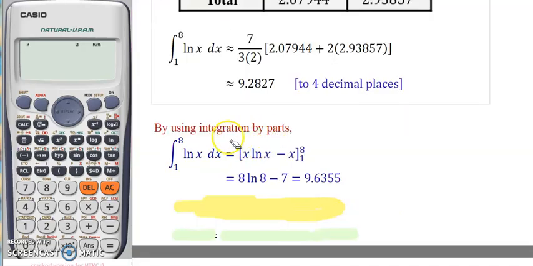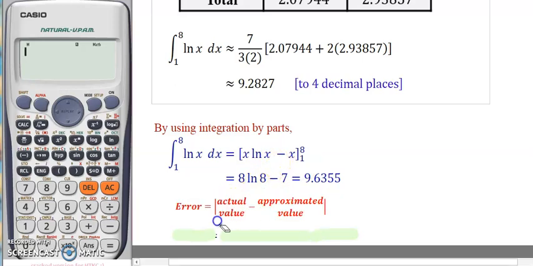By using integration by parts, I find that the integral from 1 to 8 of ln x is supposed to equal the actual value 8 ln 8 minus 7, or rounded off to 4 decimal places, 9.6355.